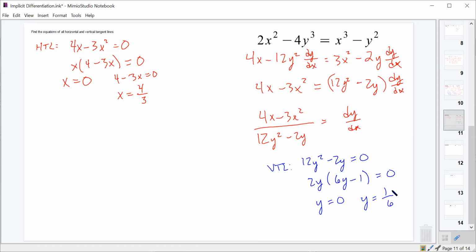All right, cool. So if I were to plug in x equals 0, what would I get out as my y value?